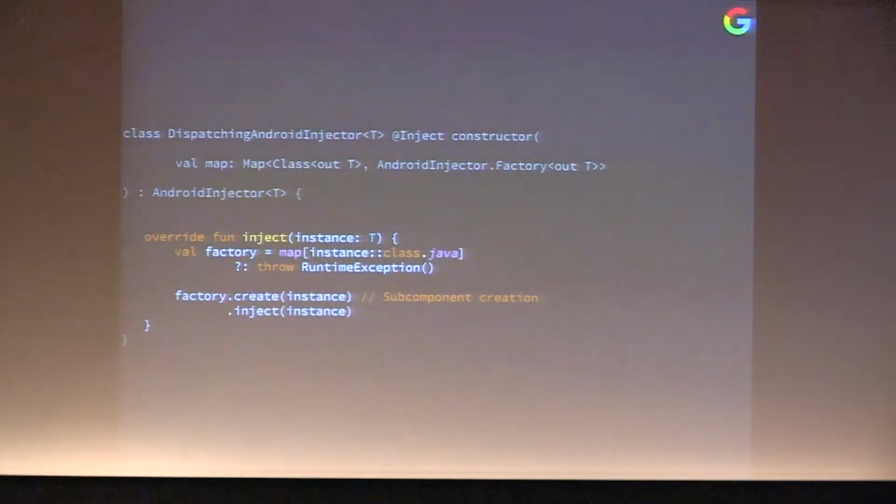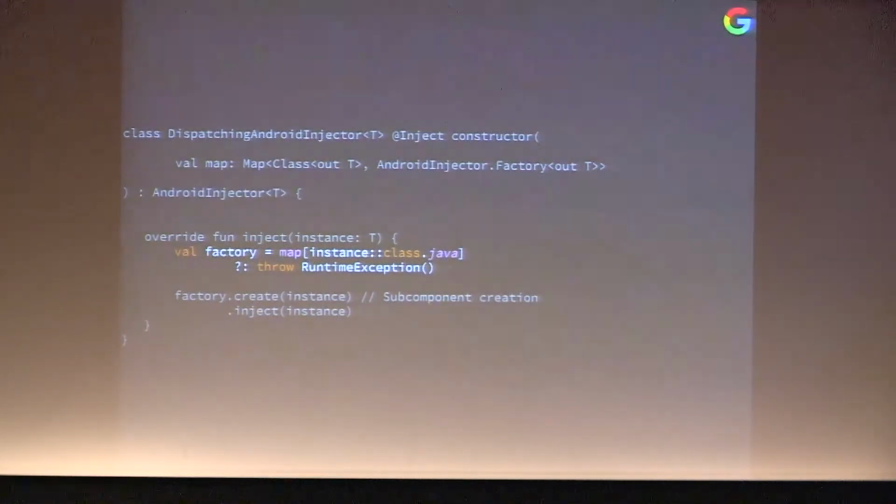We have an instance as a parameter, that is our activity instance that we're trying to inject. First, what we're going to do is access the map to get a factory from the class of our instance.